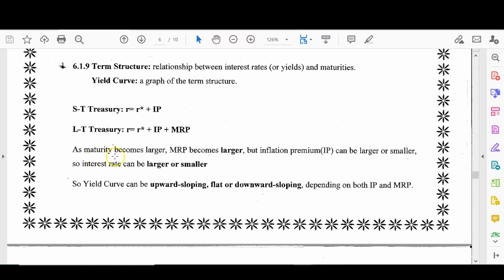As maturity becomes larger, MRP becomes larger, but inflation premium IP can be either larger or smaller. So the interest rate can be larger or smaller, and the yield curve can be upward sloping, flat, or downward sloping, depending on both IP and MRP.